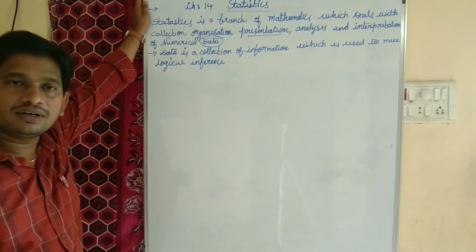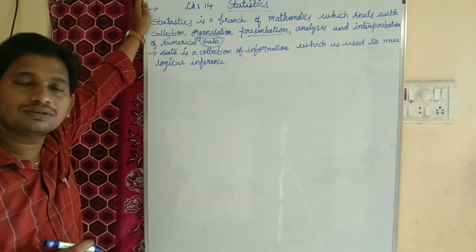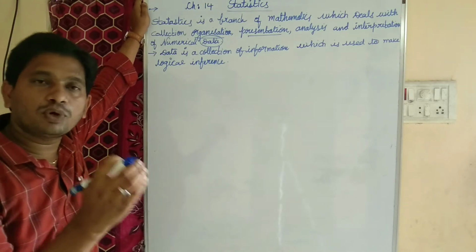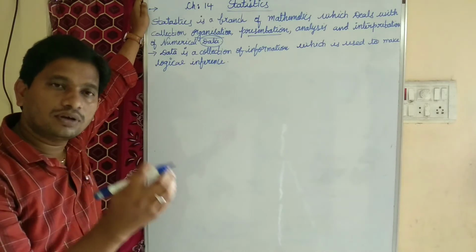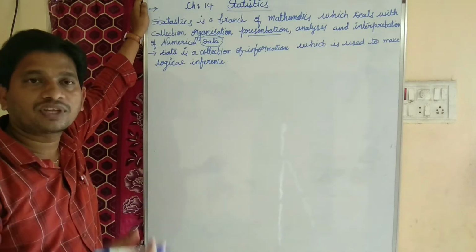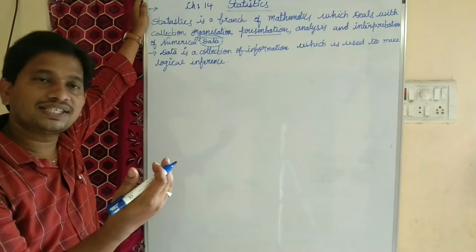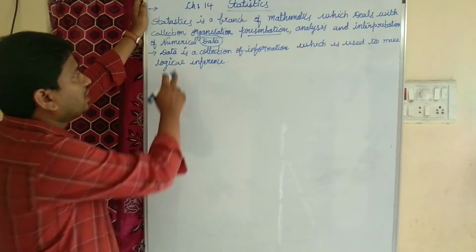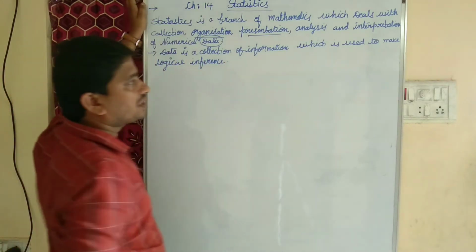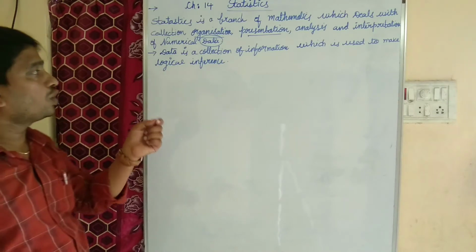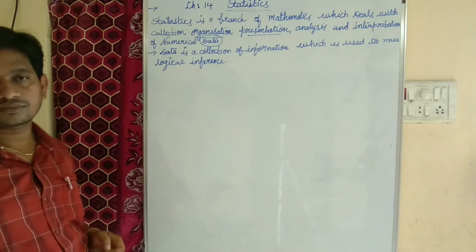Data is nothing but a collection of information which is available in the form of numbers or words which helps us to take decisions. So that's what data is, a collection of information which is used to make logical inference.